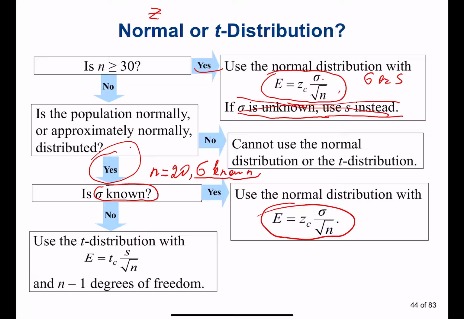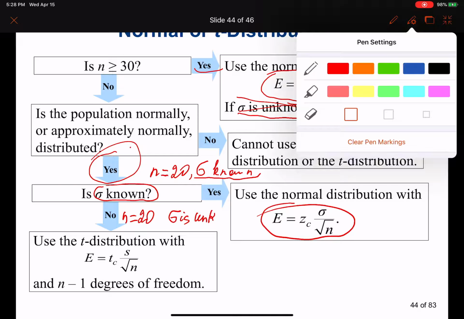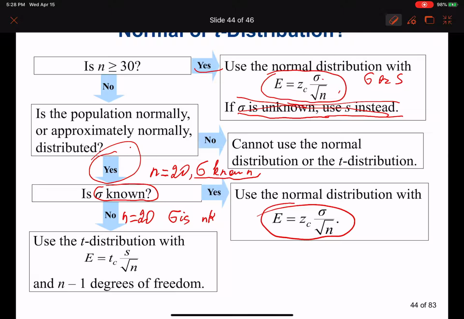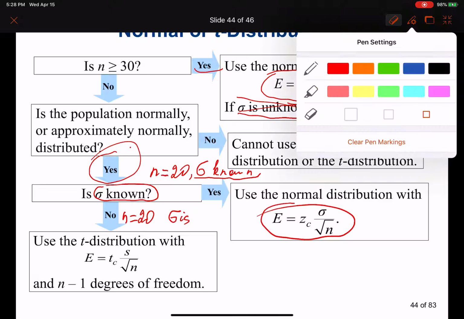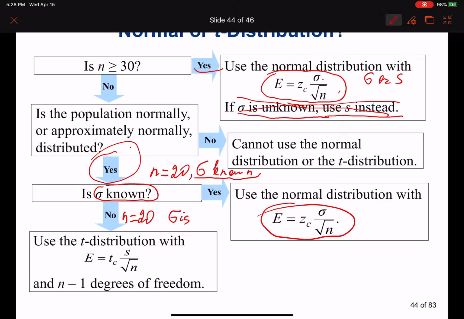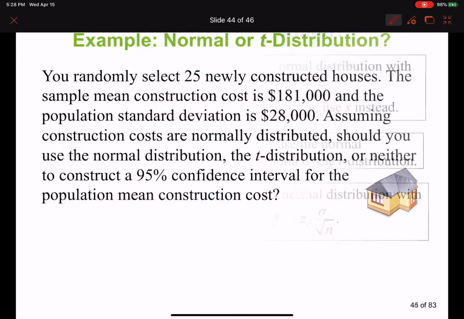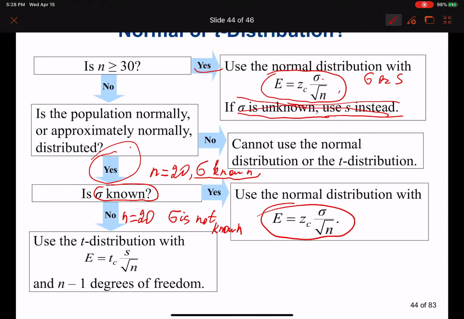But if, let's say, n is 20, and sigma, the population standard deviation, is not known, then you are using t critical.